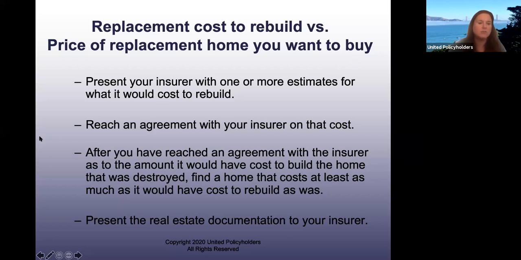Iris is asking, what if you want to buy 2 houses, each worth 50% of your house? Talk to them. See, different insurance companies have different flexibility. You know, the measure of indemnity is the measure of indemnity. So on that one, I don't know, Mark, what do you think? I don't think you can force them to buy you 2 houses.